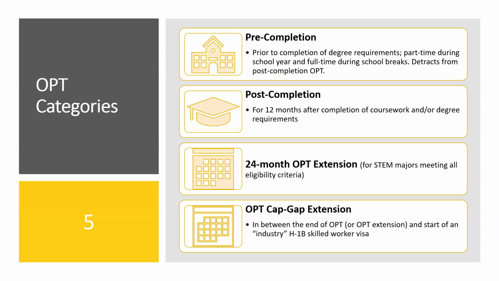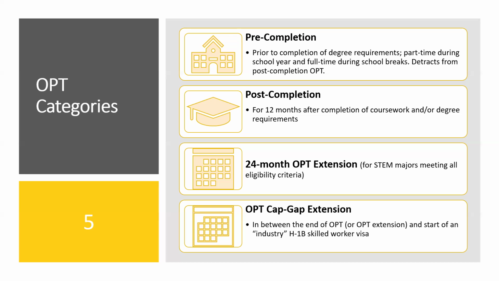It's primarily used in scenarios where a student has a good opportunity that's relevant to their major, but their program does not have a pathway for CPT. The disadvantage of pre-completion OPT is that you lose some time off of your post-completion OPT, and that's a reason why it's not very common, but it is an option.